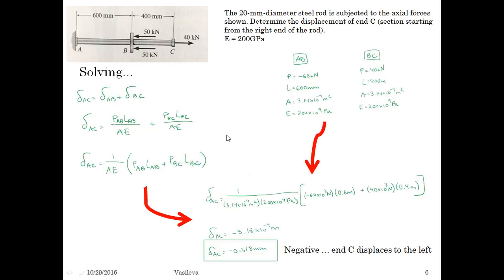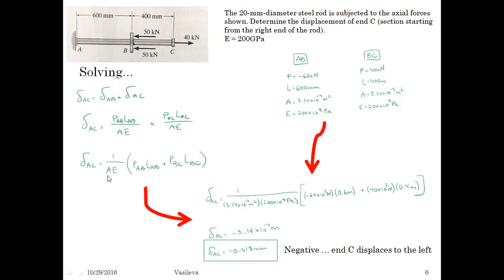So now all we have to do is plug and chug. I started with just symbolic equations. So delta AB plus delta BC. So PAB LAB over AE plus PBC LBC over AE. And I pulled out the AE because it's common for both of them. So I end up with this reduced equation. So now all I have to do is plug in my knowns.